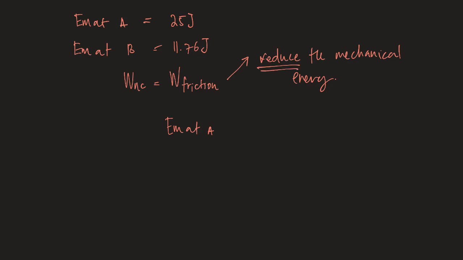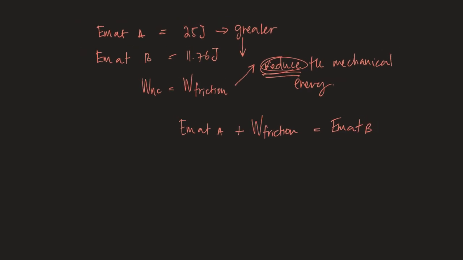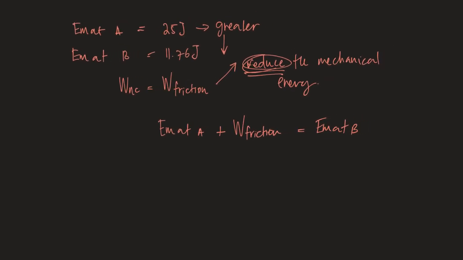Friction reduces mechanical energy. So now if I started off at point A with a very high, see, this is a greater value, and as I go to the top, it gets less. Something was reducing that mechanical energy. So what we do is we add the work done by that non-conservative force is equal to EM at point B, right? Because it's reducing.